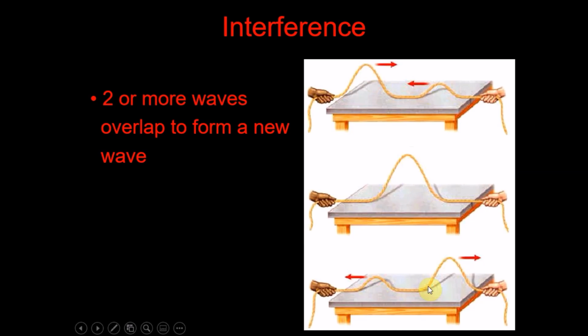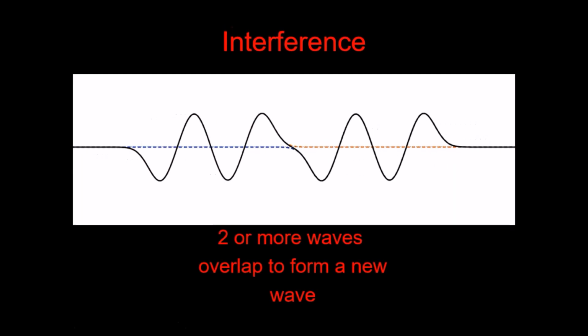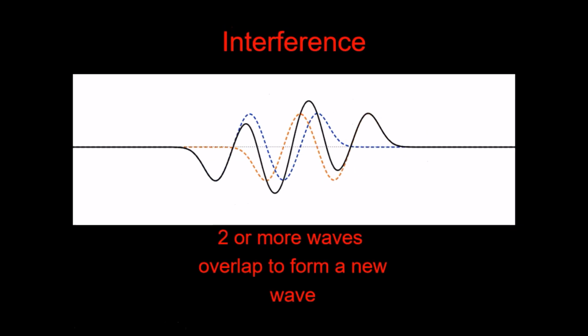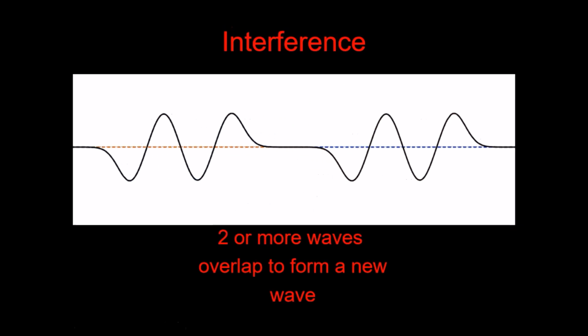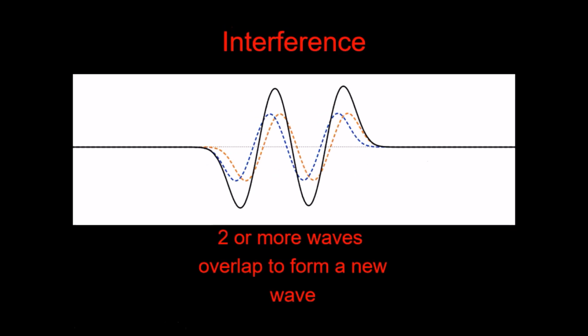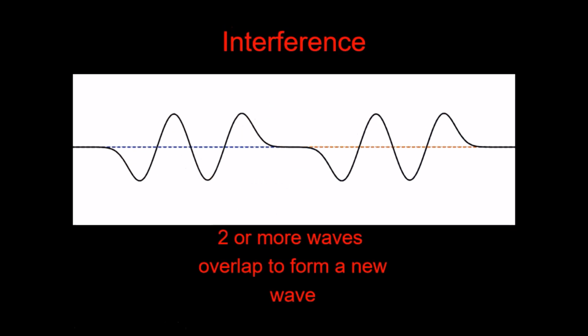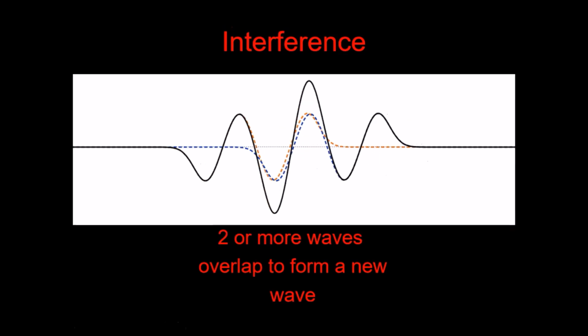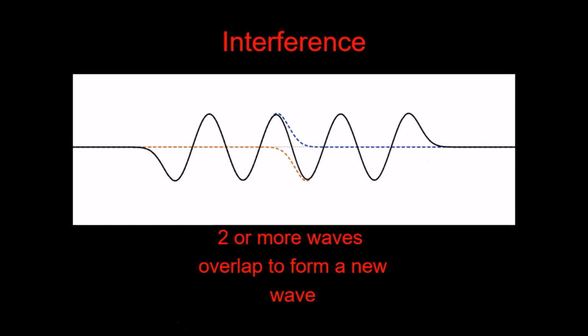The waves then continue, this pulse going on its journey towards the end of the rope where it will probably dissipate into the person's hand, and this wave going to the end of this rope. And that means our waves will interact as they travel. So here we've got two waves coming together and interacting from the left and the right. As they interact, their amplitudes are added together, creating a wave of a new amplitude very briefly.